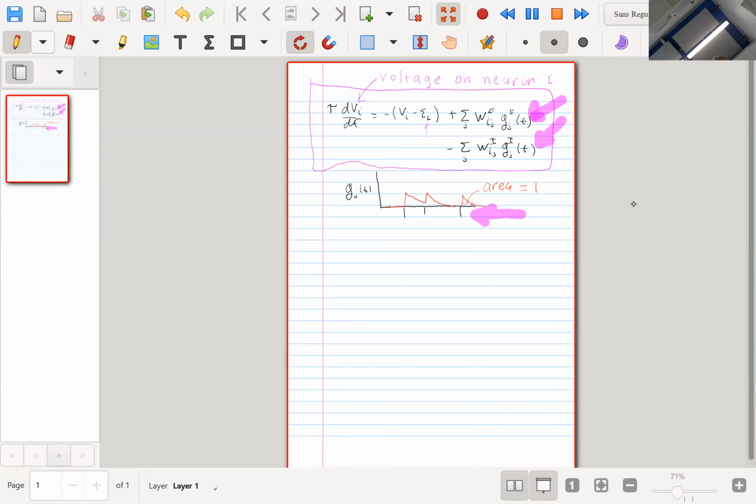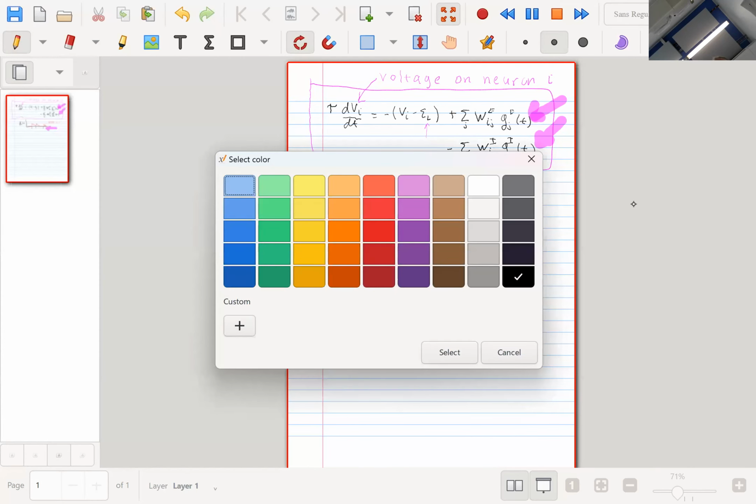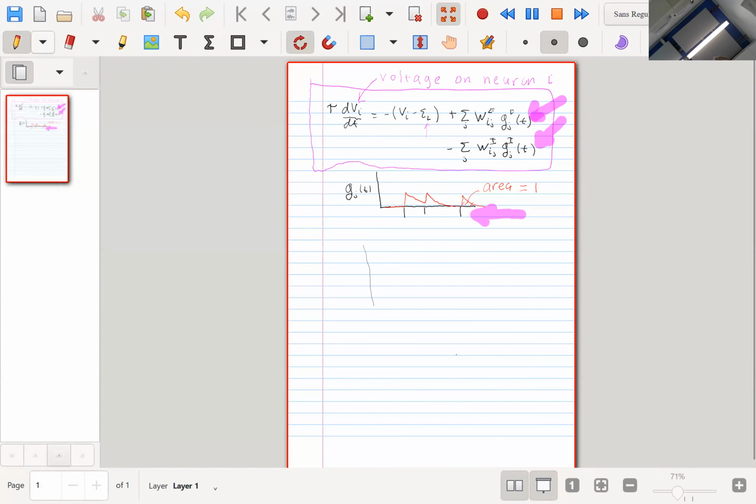So we'll put time on this axis and V_i on this axis. Here is E rest, E leak, the resting membrane potential, and this is E threshold, the threshold for a spike. It starts here.